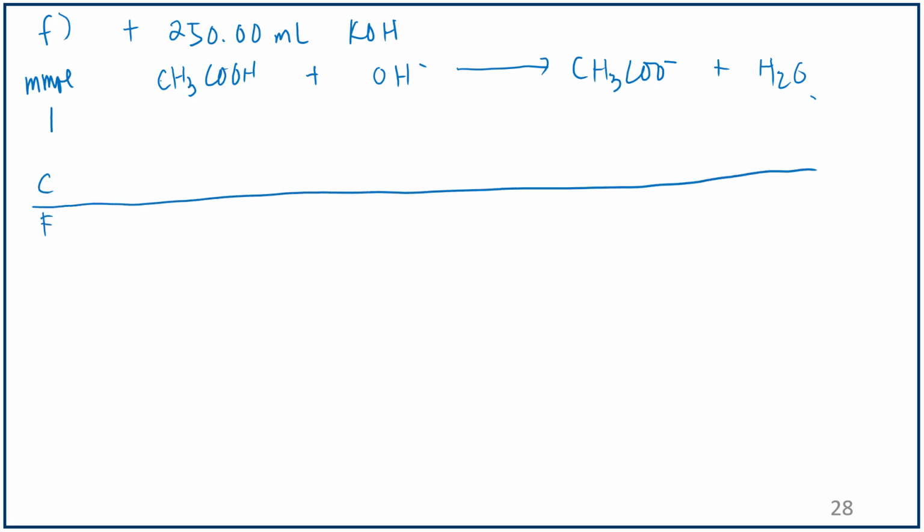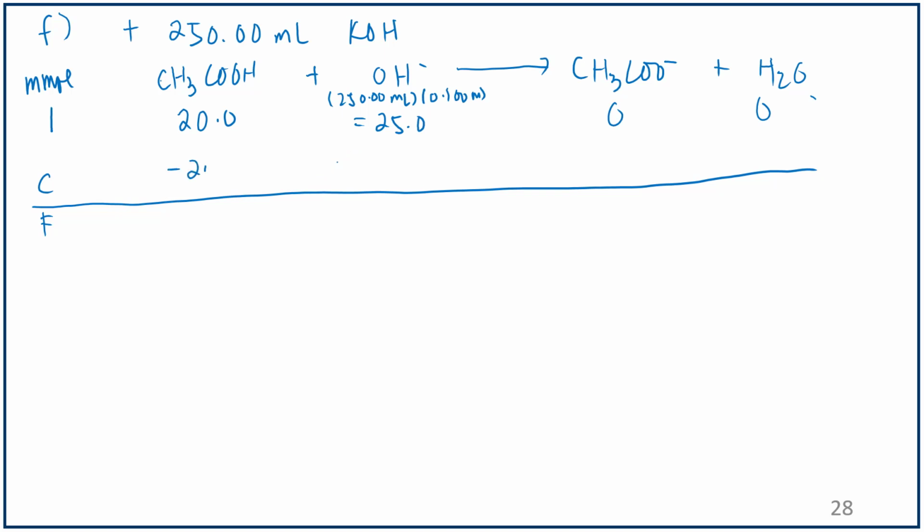All right. So again, acetic acid has 20.0 millimoles. For hydroxide, that's 250.00 ml times 0.100 molar. This should give you 25.0. And then we begin with no acetate ions. This time now, look that acetic acid is now the limiting reagent.